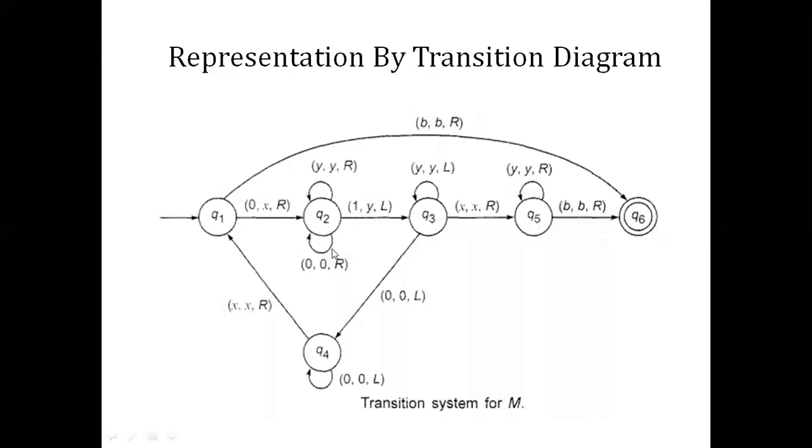If you see Q2, this move is for 0, this one is for 1, this one is for Y. For Q3, this is for X, this is for Y under the tape head, this is for 0. So this diagram represents a deterministic machine and not a non-deterministic machine. We can have non-deterministic Turing machines, which we will eventually study going ahead.